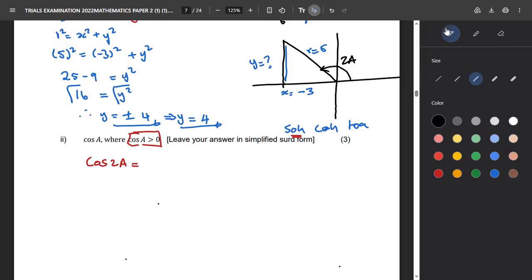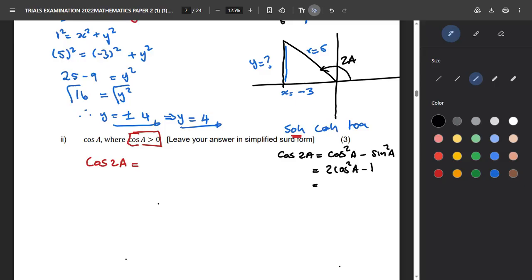So the cos 2a, that's a double angle, is cos squared a minus sine squared a. That's the first one, right? And then the second one is 2 cos squared a minus 1, right?